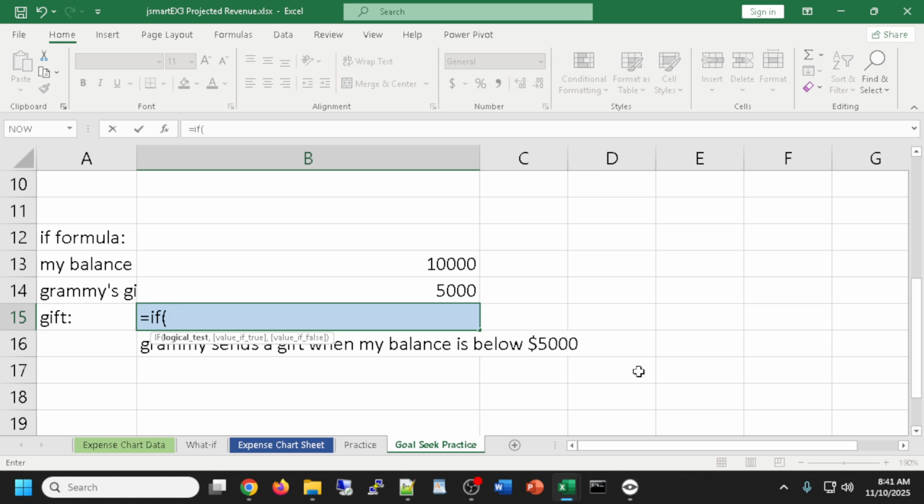Grammy sends me a gift when my balance is below $5,000. Well, I know that the value of Grammy's gift is going to be $5,000. I have that in cell B14. My current balance is in cell B13.